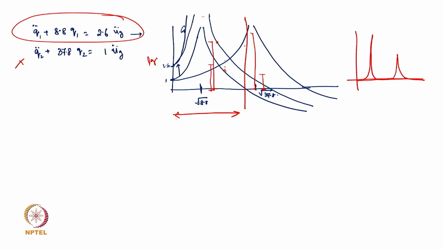So we are good as long as we are not reaching close to the natural frequency of the second system. We are good near the first mode's natural frequency, but if we get close to the second mode, then the error will start increasing. So you have to be very sure. You are okay to truncate the modes, but you also have to see where you are lying.